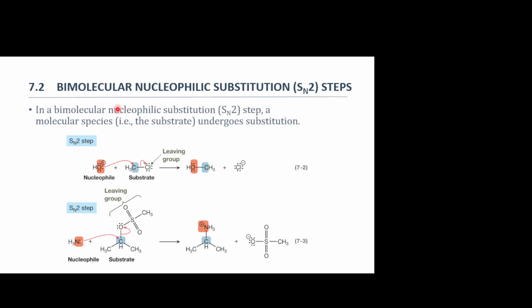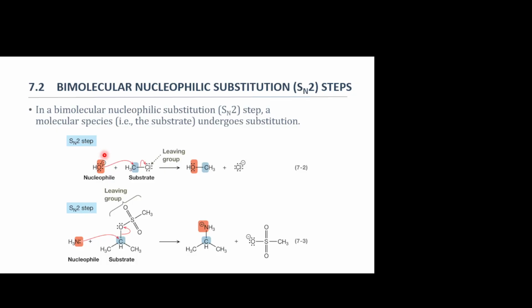Okay, so if we have this case, bimolecular, two things have to collide. We're going to have an attacker and attackee, and we have a very specific naming for these. This is going to be your nucleophile. Your nucleophile is a nucleophile because it has what's the charge here?